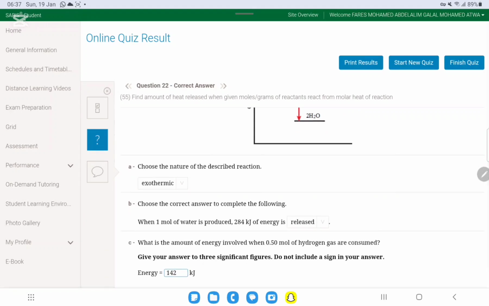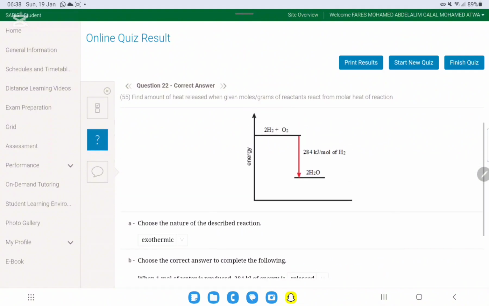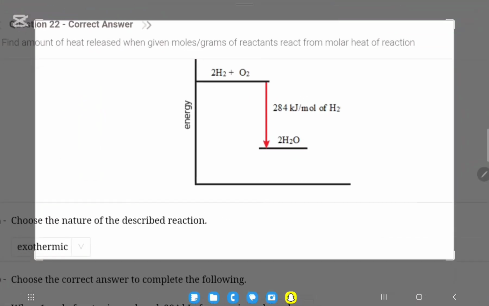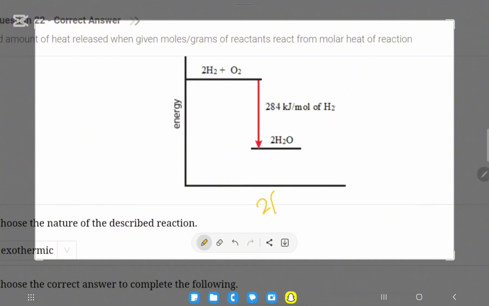What is the amount of energy involved when 0.50 moles of hydrogen gas are consumed? We write the equation. They gave it to us, and it's balanced. 2H2 plus O2 gives 2H2O.